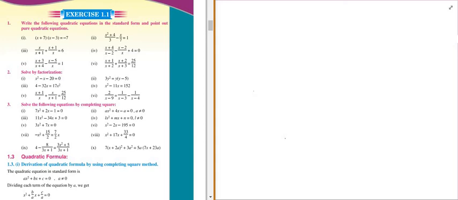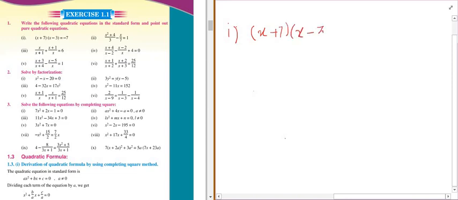Part number 1. Let's solve this exercise. Part number 1 is x plus 7 into x minus 3 equals to minus 7. First reduce this equation into a quadratic form, then we decide whether it is pure or not.